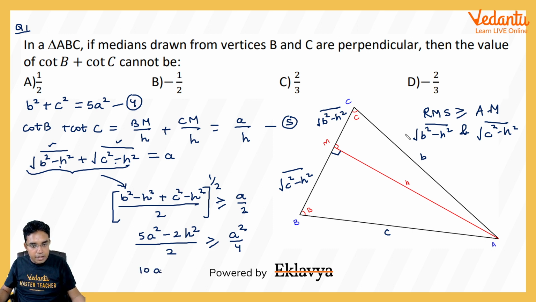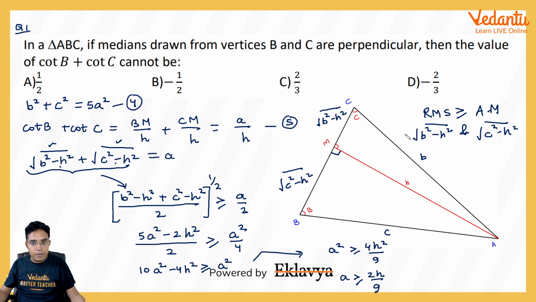So we get 10a square minus 4h square, and that will be greater than or equal to only a square here. So this will give us a square to be greater than or equal to 4h square by 9, which means a will be greater than or equal to 2h by 9.